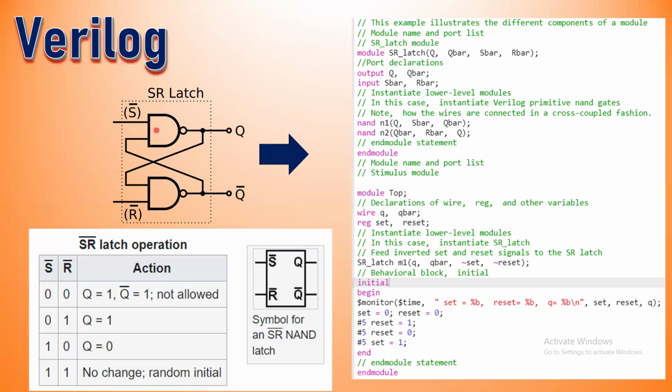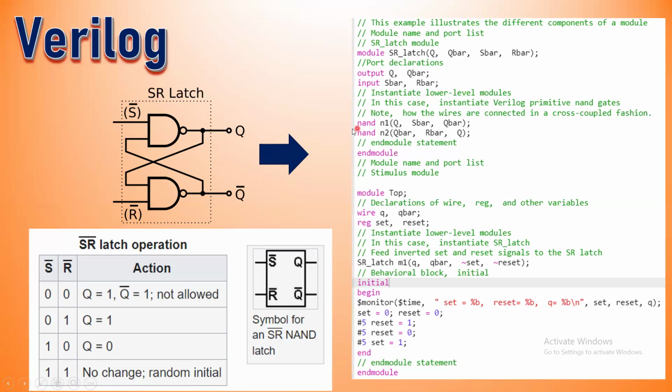We can call them directly, just like we are inserting these two NAND gates between these input and output ports. So I will instantiate the Verilog primitive, which is the NAND gate, and we'll see how the wires are connected in a cross-coupled fashion.